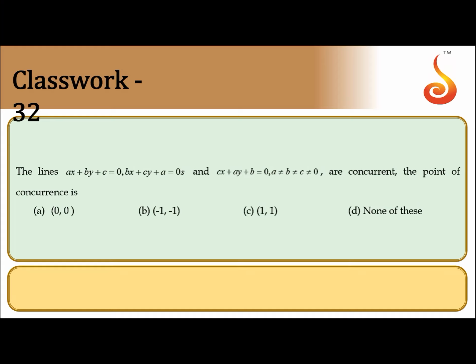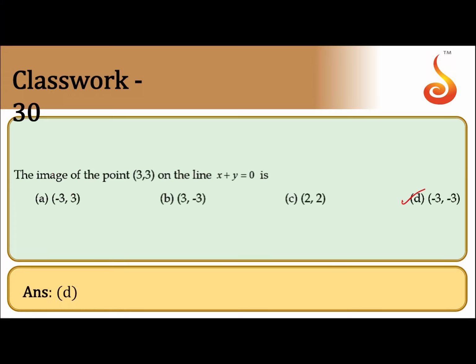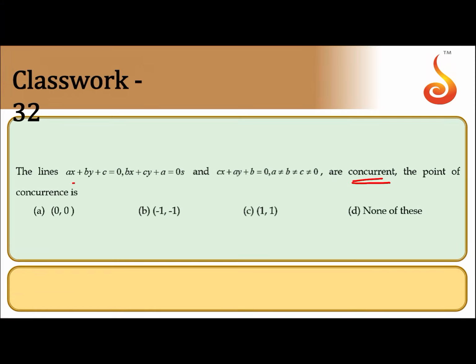Coming to the next one, the condition that these 3 lines are concurrent. When 3 lines are concurrent at a point, the point of concurrence is the common point for all of them. (0, 0) doesn't satisfy, and minus 1 also doesn't give you the answer. But (1, 1) exactly satisfies all 3, and you are getting the condition that a plus b plus c equals 0. It means (1, 1) would be the point of concurrence.